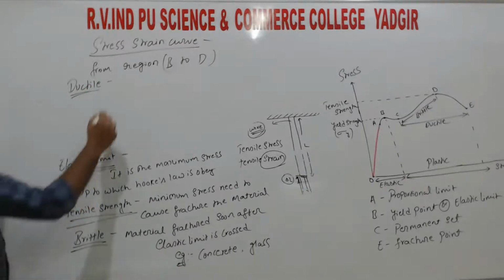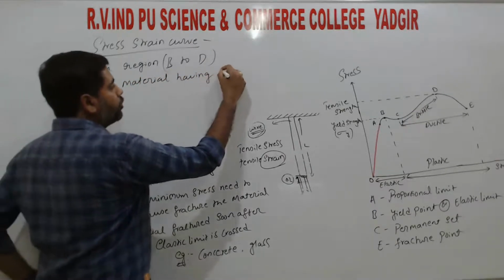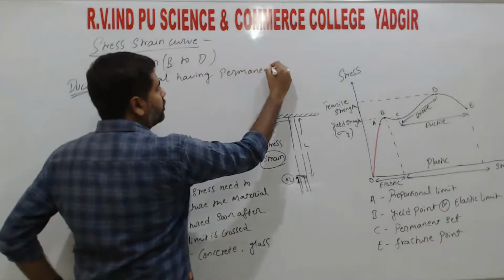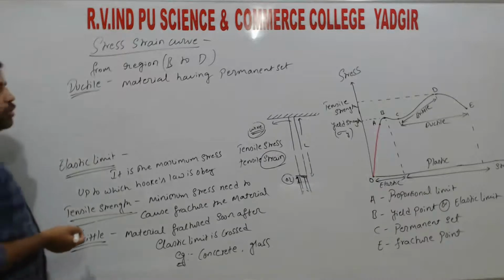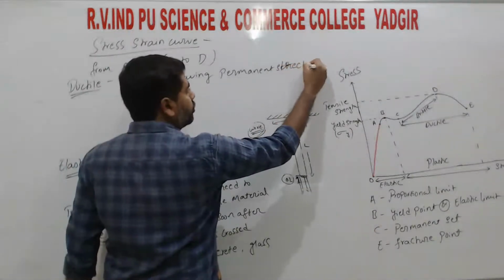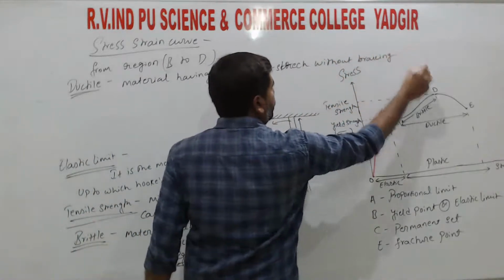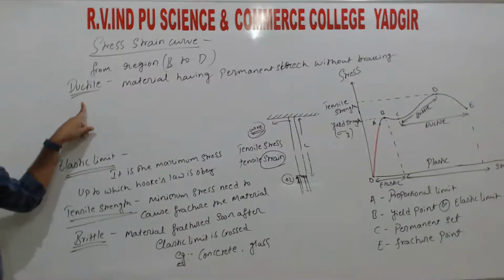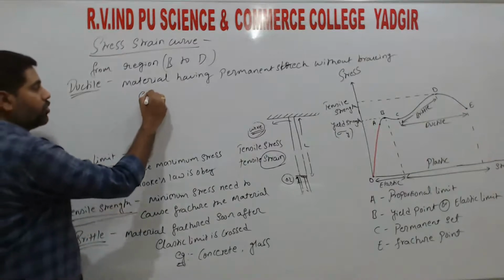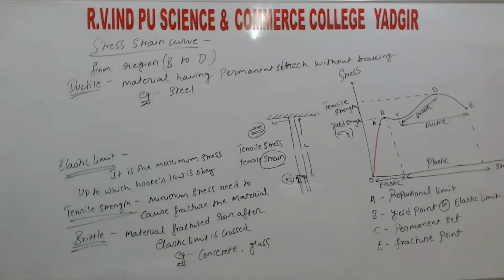So ductile is the material having permanent set, material having the permanent stretch without breaking, right? So example, steel. So steel is the example for the ductile, right?